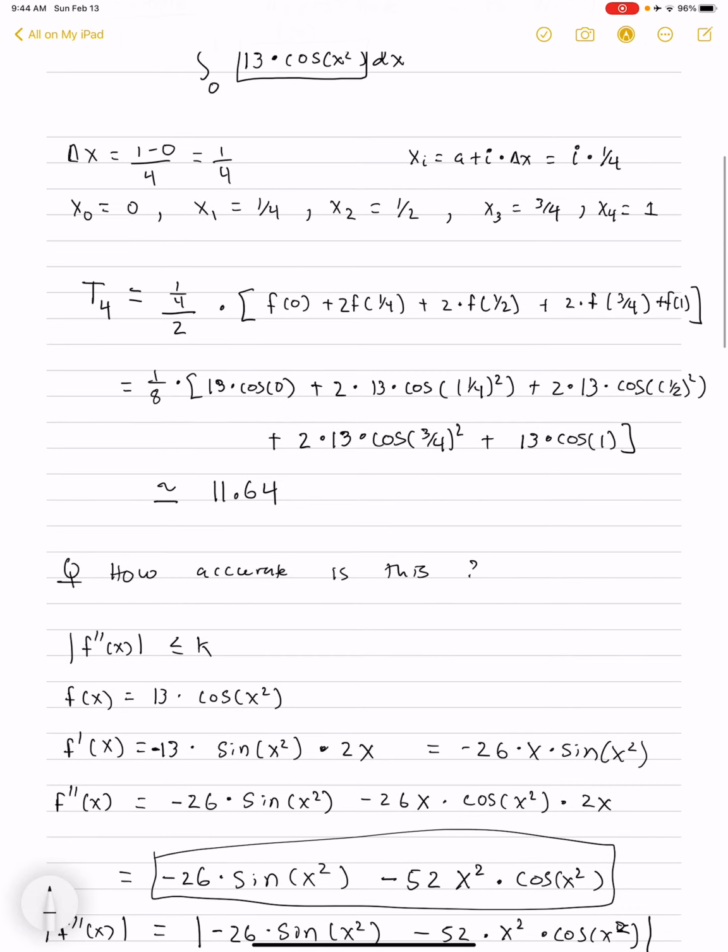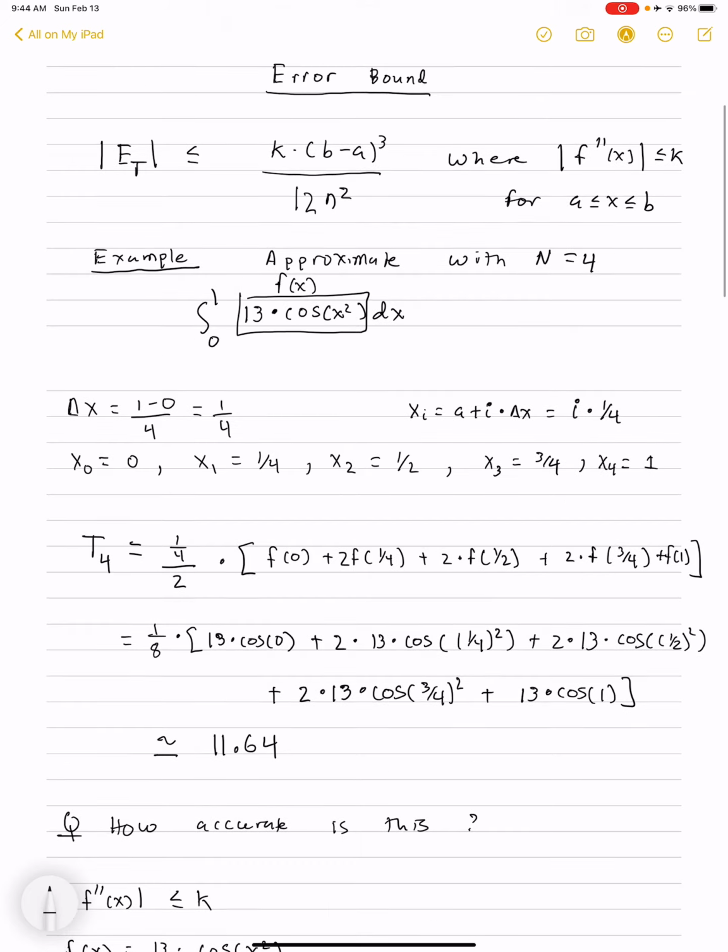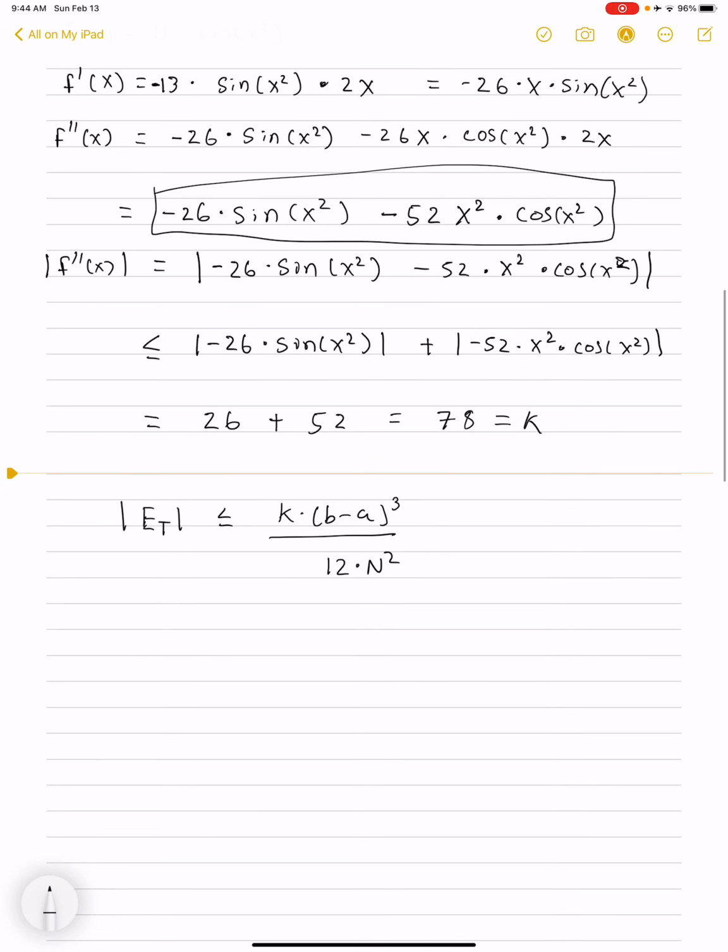Okay, and that's exactly what we have written up there. k is going to be 78 in this instance. 1 minus 0 cubed, that's going to be 1. 12 times n squared, n is 4. Okay, so we just need to compute that number.